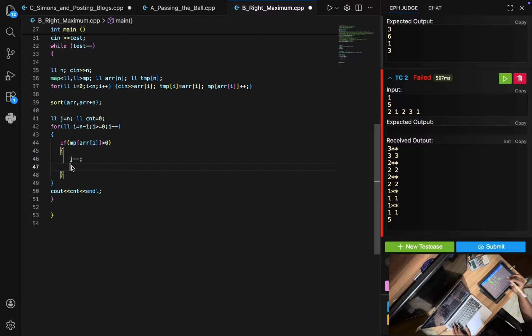I'm just going to the first value, let's say 3 1 2 1, going up to here, then minus minus. I'm currently here. Then if I go in, I'll remove this, go to here.